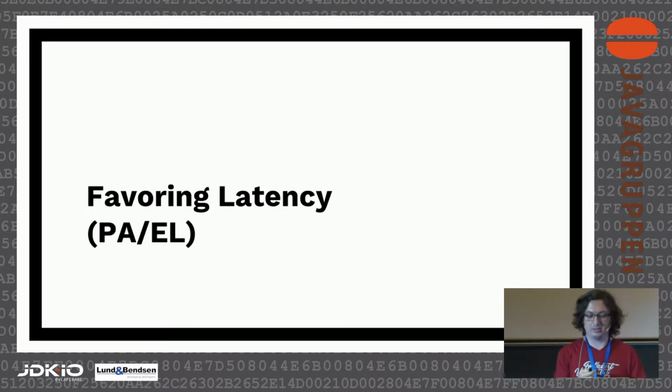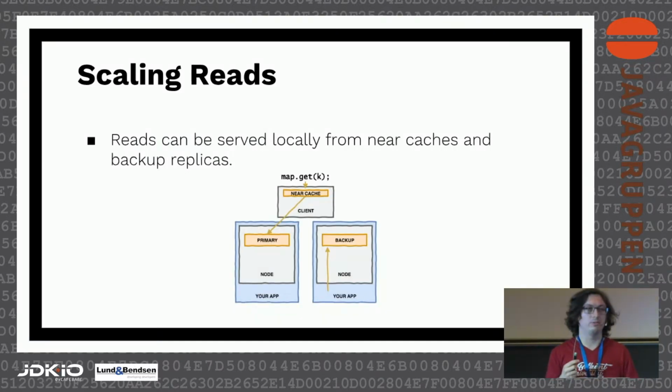So let's see how we can do this for read-heavy use cases. For instance, we can reduce latency for the read-heavy use cases. When a Hazelcast client reads the value of a key from a Hazelcast server, from a primary, it can put this value into a local cache, and after some time, if the same key is queried again, it can just serve the value from the local cache super fast.